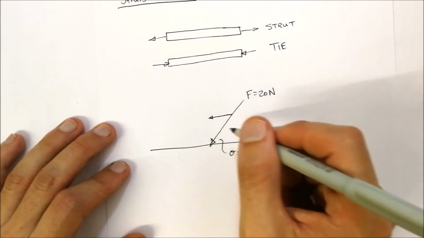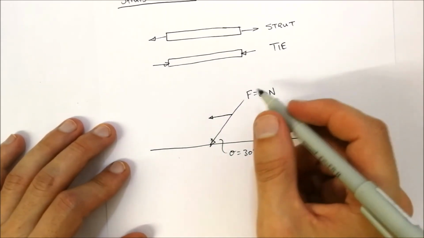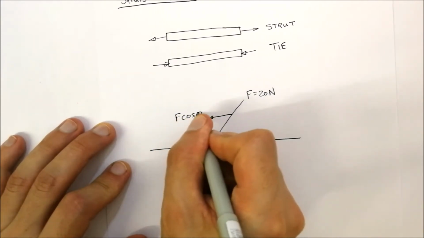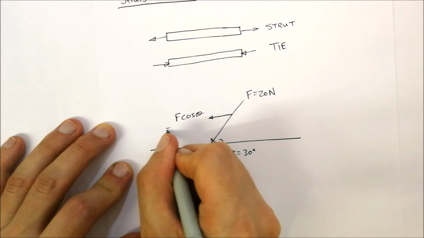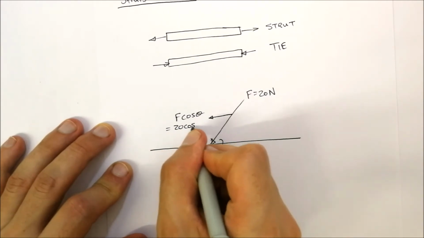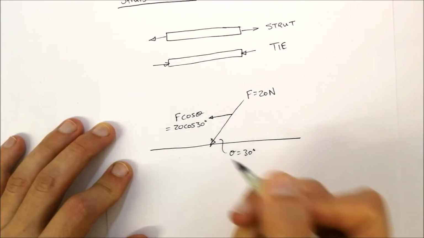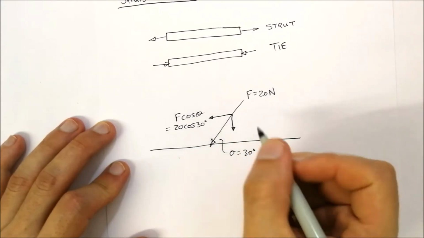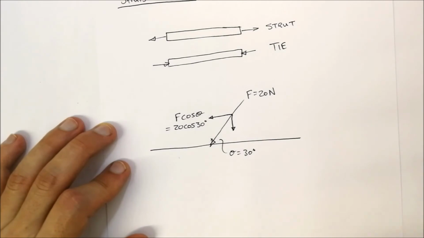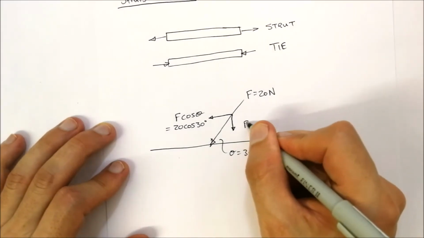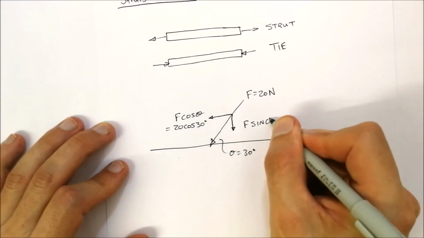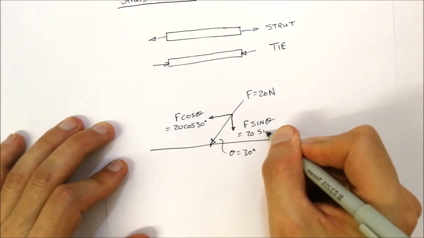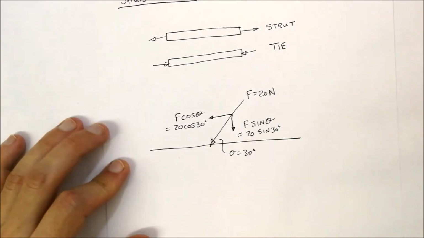The horizontal component will be equal to F cos theta, or in this case 20 cos 30 degrees. And then you would have a vertical component acting downwards, equal to F sine theta, or in this case 20 sine 30 degrees.